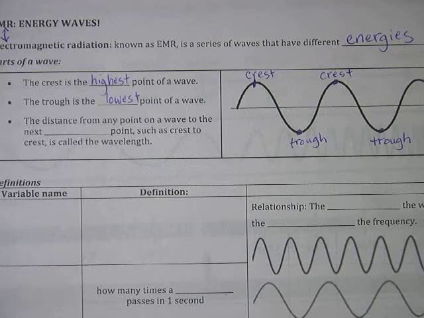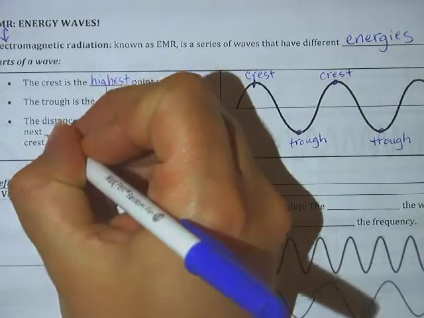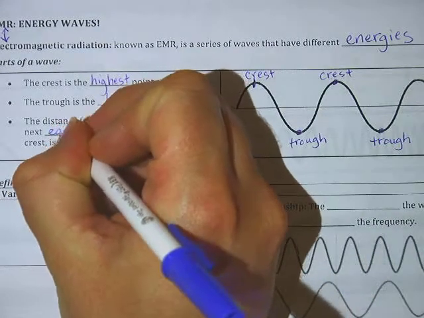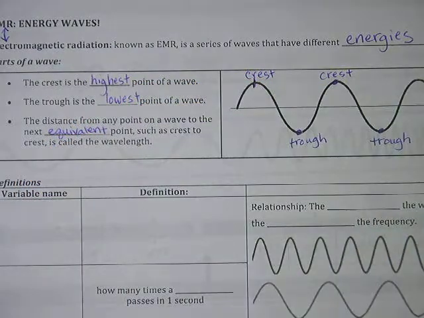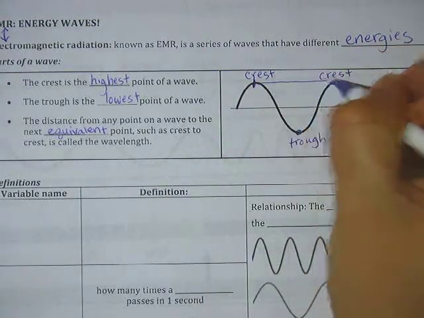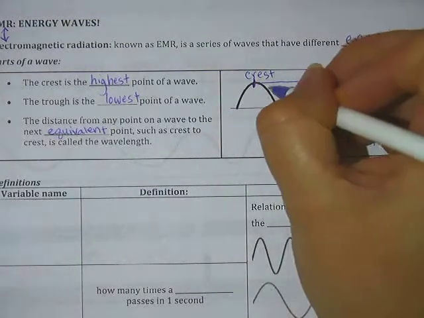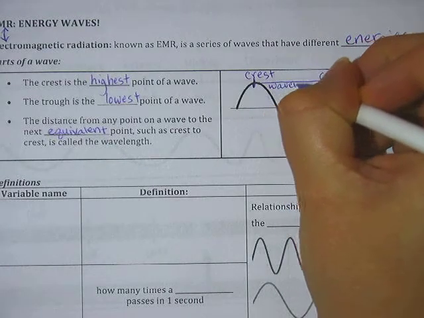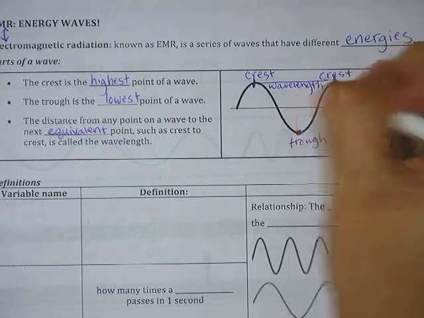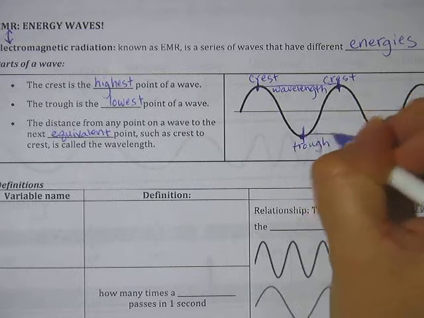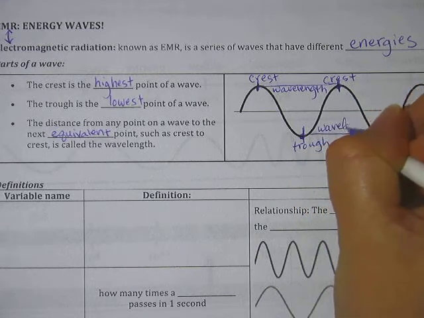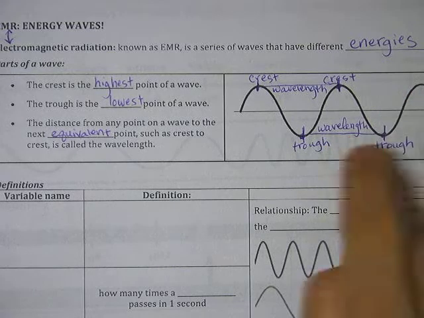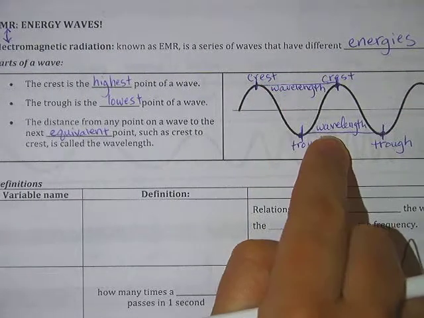And the distance from any point on a wave to the next equivalent point, like from crest to crest, that distance is called a wavelength. So this distance right here is a wavelength of the wave, or from this trough to this trough. That is a wavelength. And if you took out a ruler and measured these, you would see that these were the same length as each other.